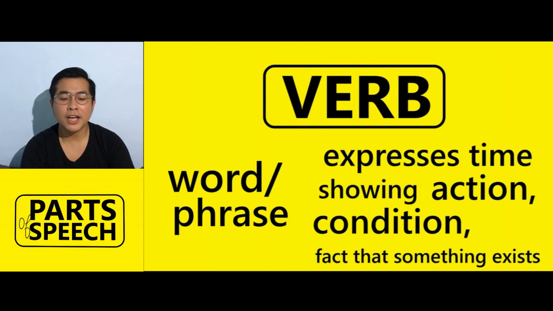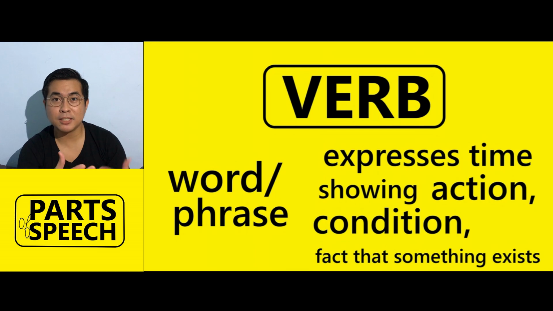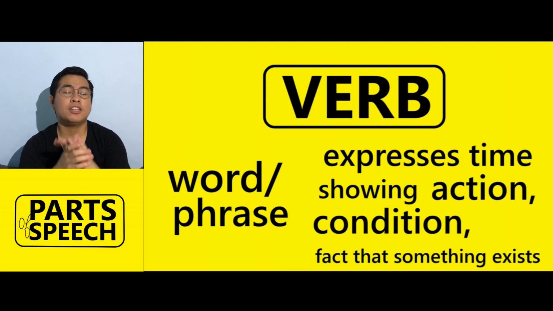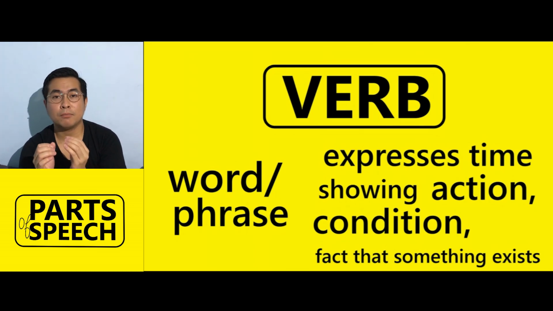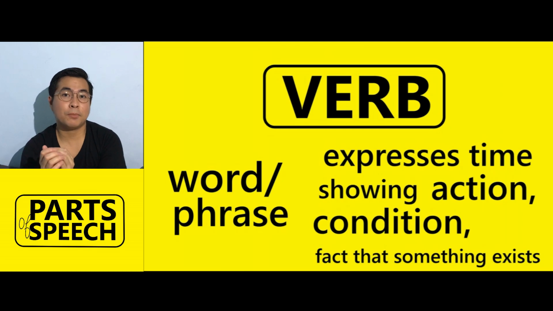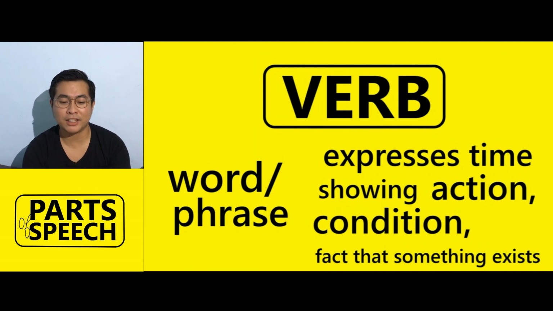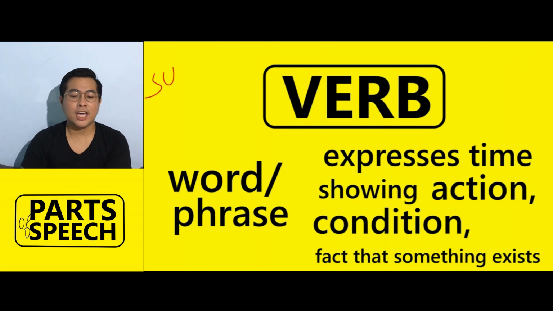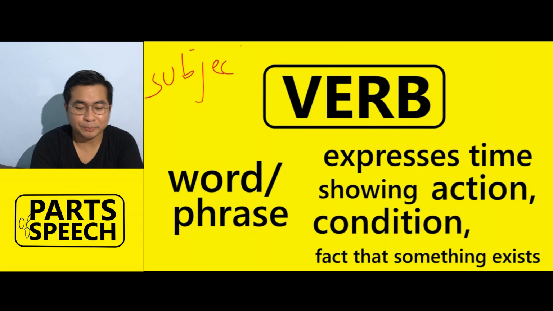So remember that a verb is very important in a sentence because it is actually one of the most important elements or part of a sentence that is with the subject. That's why you have your subject-verb agreement. Again, we will have that in the future videos.